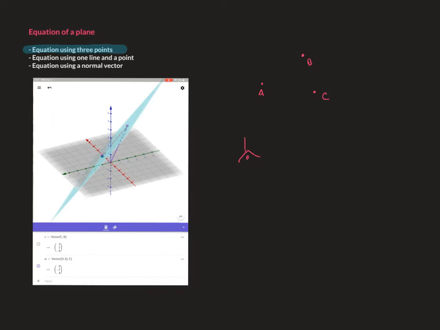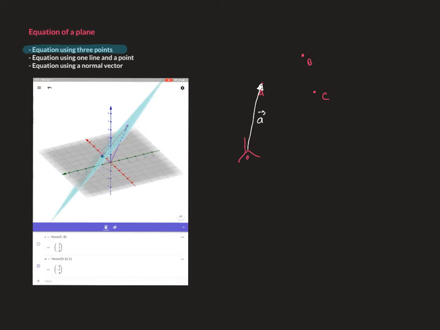Now, the way that we're going to define the plane is by looking at possibly a similar structure to the line. For example, we can think of A as one starting point of my plane. So I'm going to call this vector A.